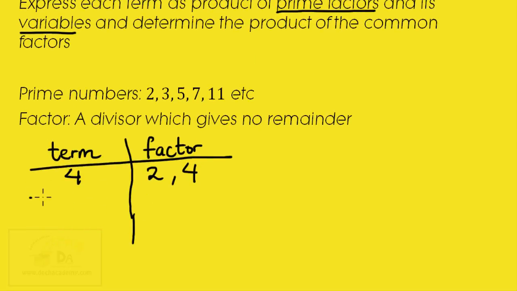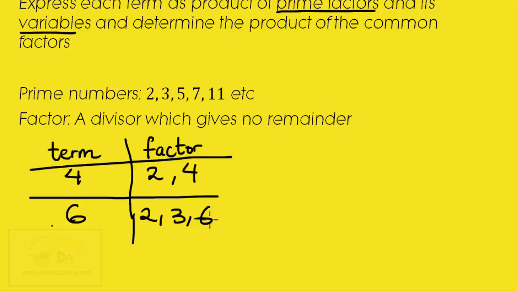The factors of 6 are 2, 3, and 6. Each of these is a divisor which, when 6 is divided by it, results in an answer with no remainder. So 6 divided by 2 is 3, 6 divided by 3 is 2, 6 divided by 6 is 1.